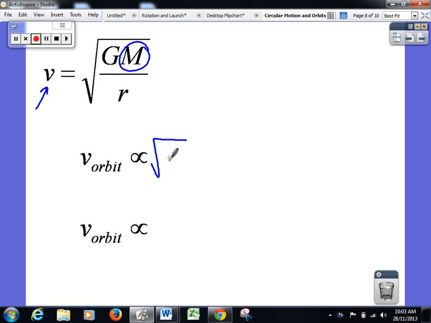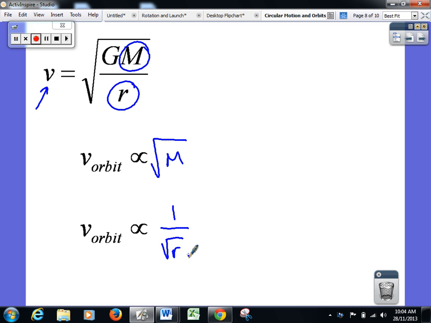So it's proportional to the square root of m. The second thing that it's proportional to is the radius from the centre of the planet. And that's on the bottom, so it's 1 over the square root of r.